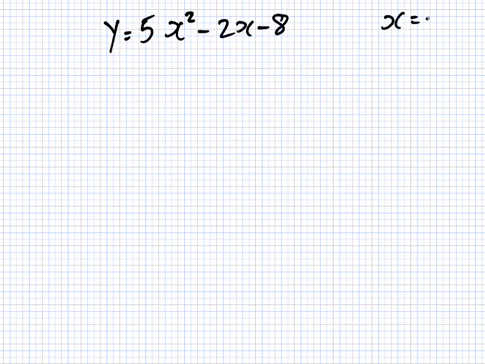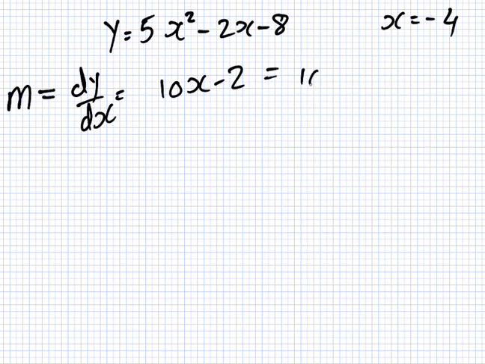We have y equals 5x squared minus 2x minus 8 when x equals minus 4. So first let's get the slope of the tangent. That's 10x minus 2. That's 10 by minus 4 minus 2.